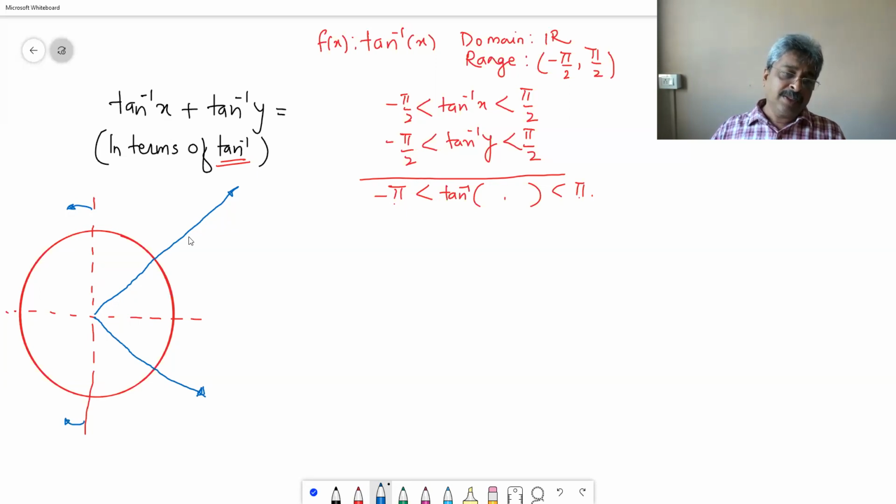So maybe this is the safe zone in which, if we have our tan inverse x and tan inverse y, we need not worry.